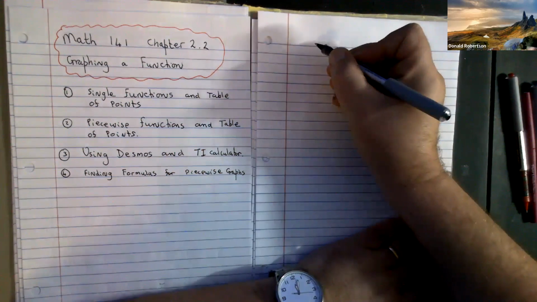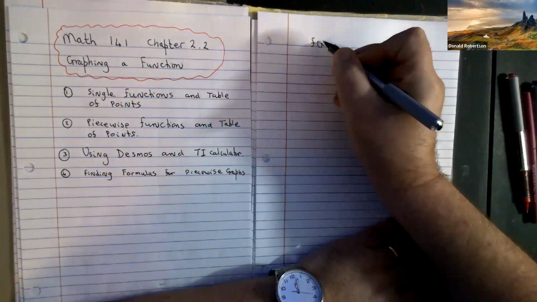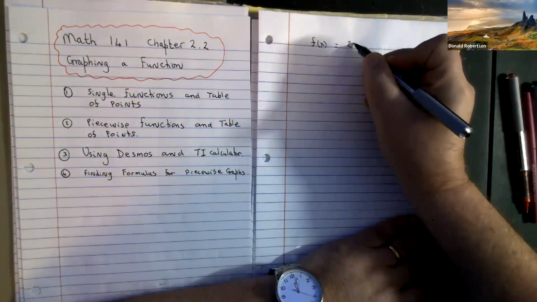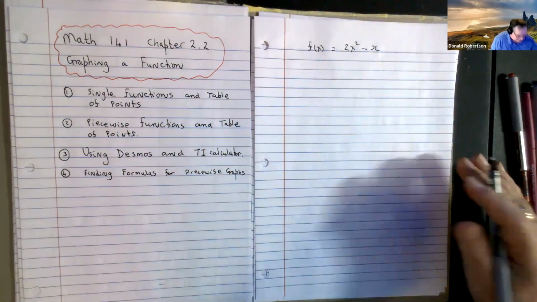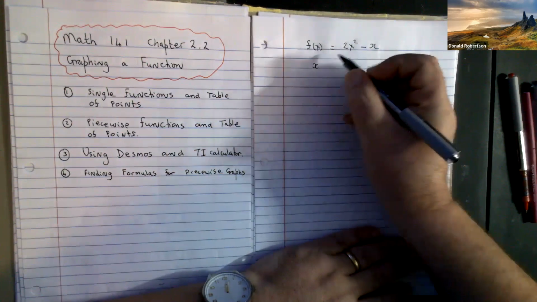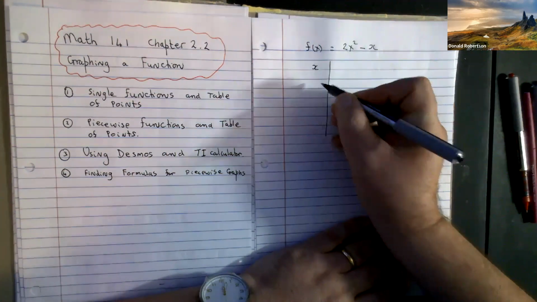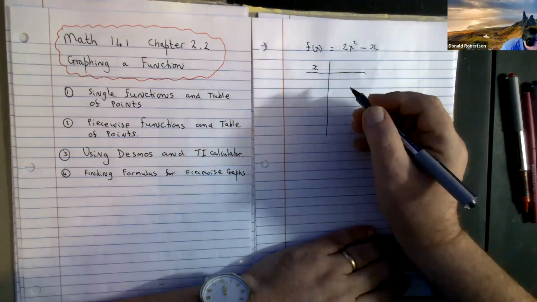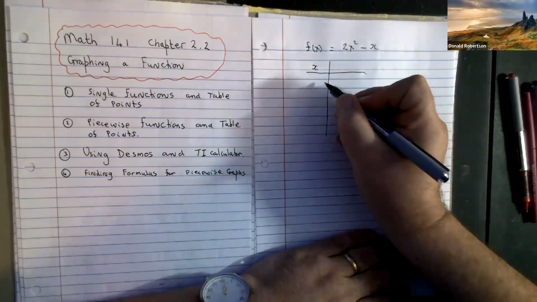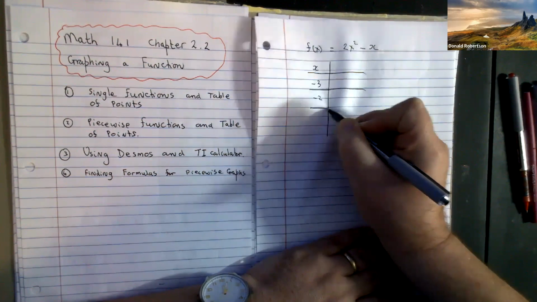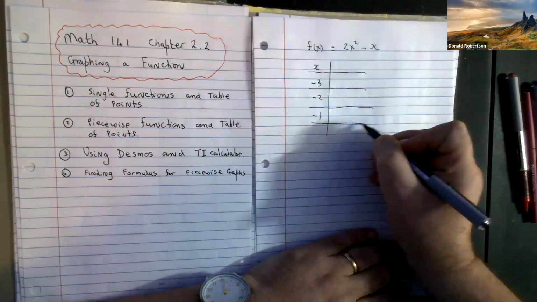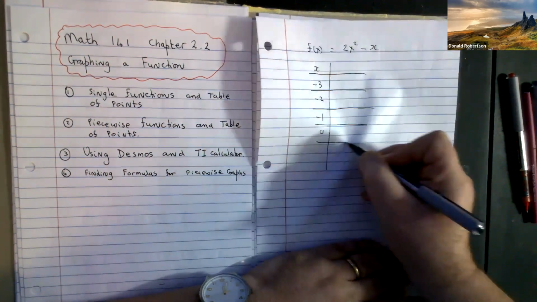I'll pick mine. Suppose we have a function, and it's 2x squared take away x. Typically in these kinds of questions, they even tell you the x values to use. So let's suppose they tell you to use -3, -2, -1, 0, 1, 2, and 3.